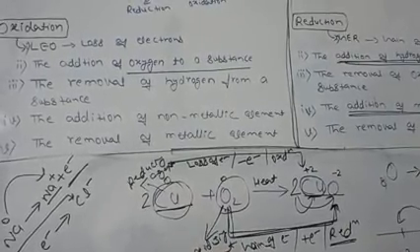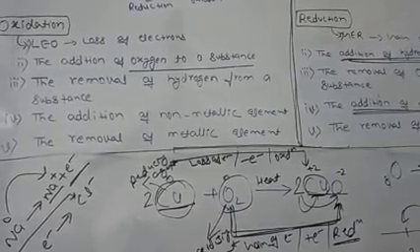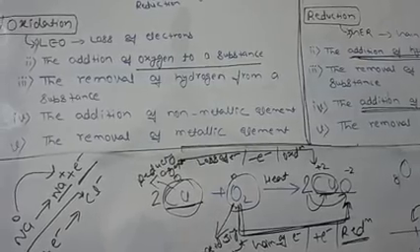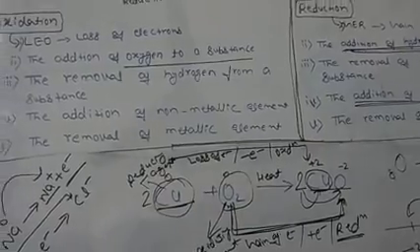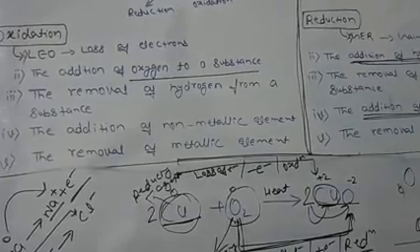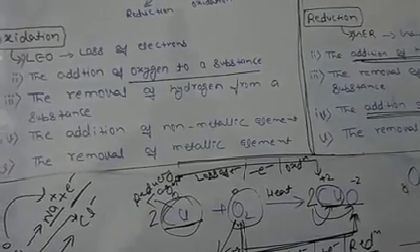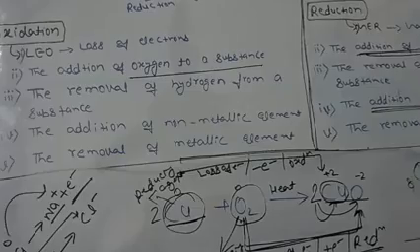And now you can observe the effect of oxidation reactions in everyday life. You can take the example of corrosion of metals and rancidity of food. Corrosion of metal is what? Oxidation reaction.